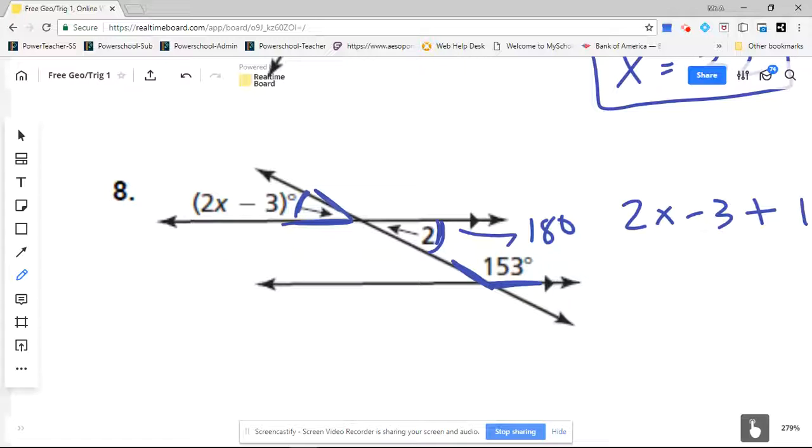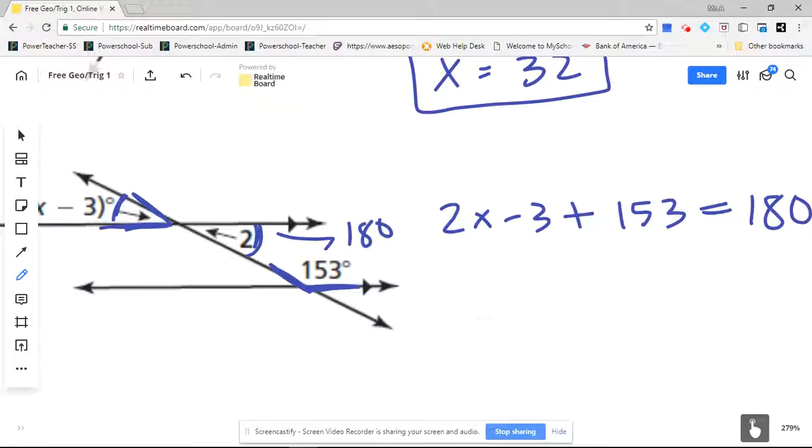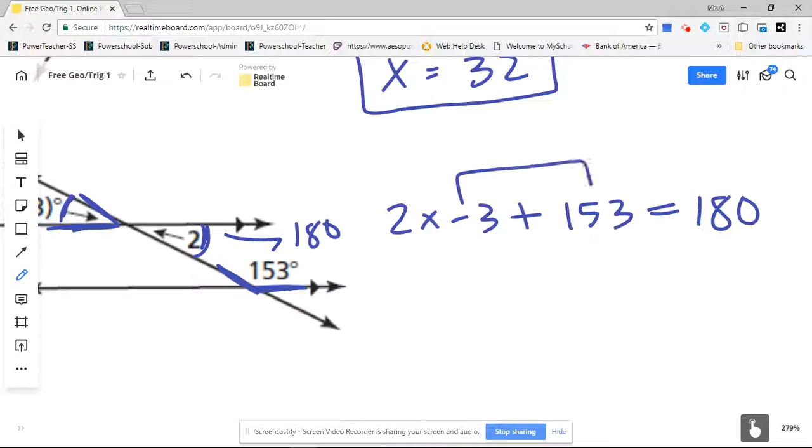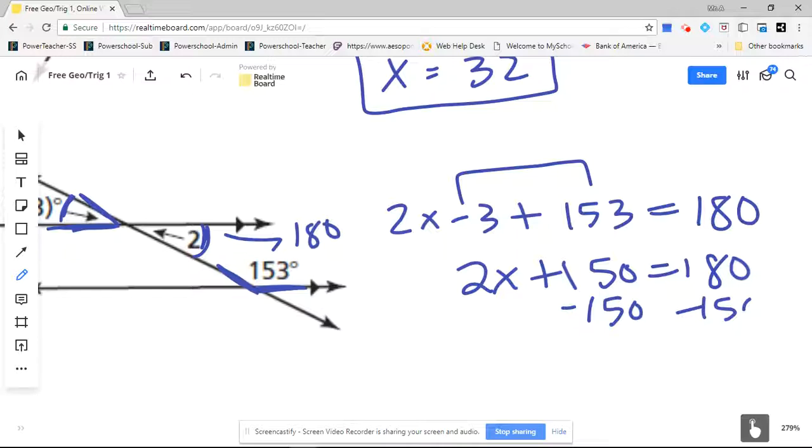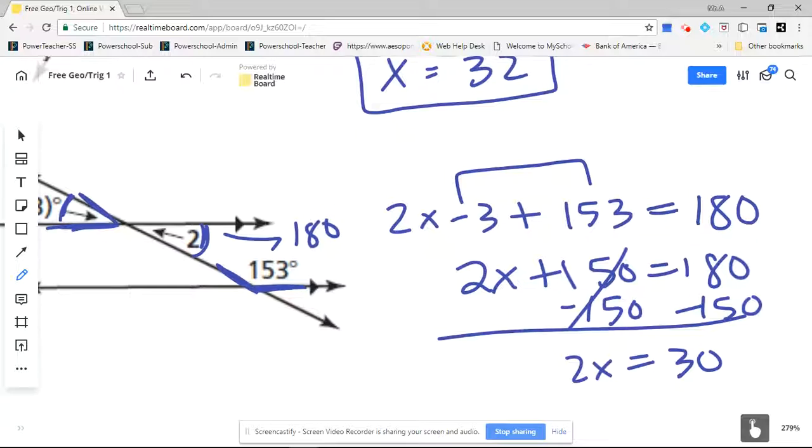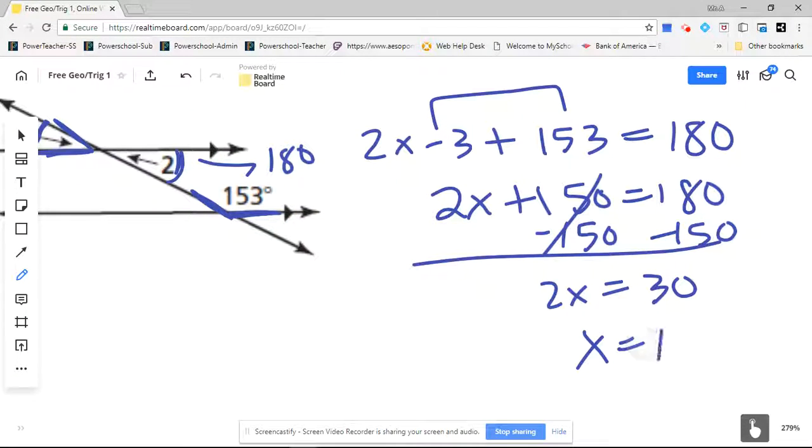The other's really small, acute angle. They must add up to 180. So you combine your like terms. 2x plus 150 equals 180. If you subtract 150 on both sides, you get 2x is 30. And then when you divide by 2, you get x is 15.